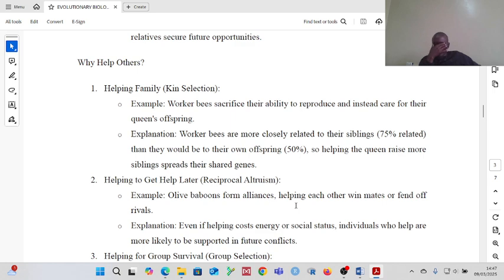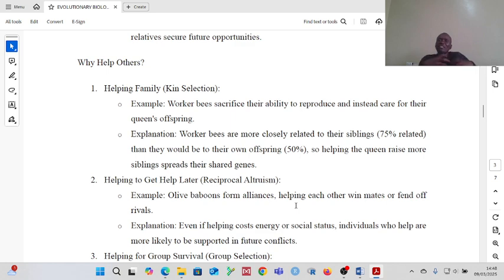The example given here is the worker bees. So the worker bees, they sacrifice their ability to reproduce, but instead they care for their queen's offspring. So they are helping, they are working, they are more closely related to their siblings.